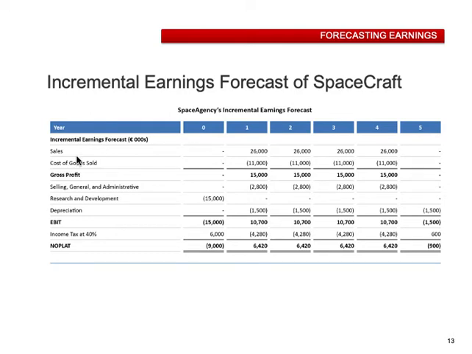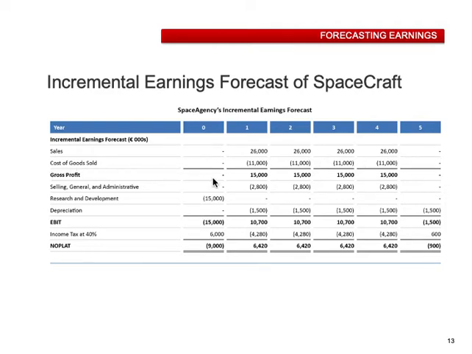Now, let's have a look at the sales. So in other words, SpaceCraft is expecting at the end of year 1 a revenue of 26 million. That is of course calculated as 100,000 units times a sale price of €260 per unit, and in year 2, 3, and 4 the same thing.